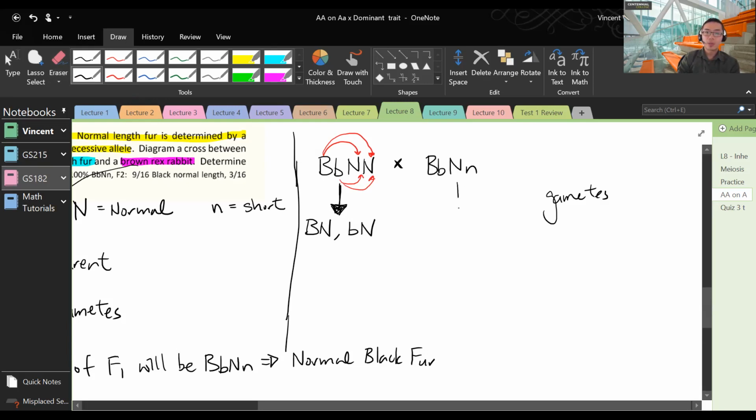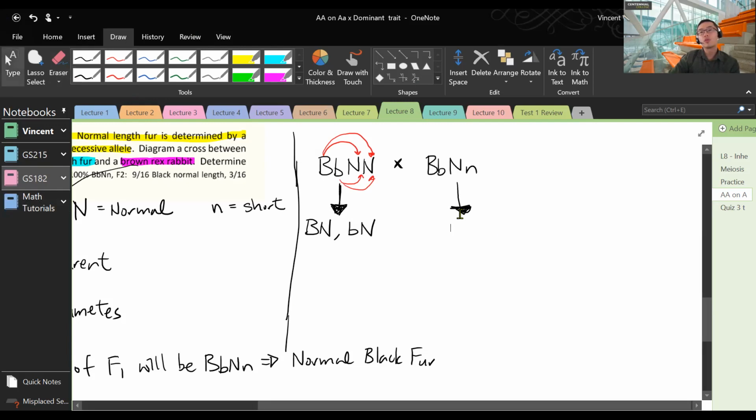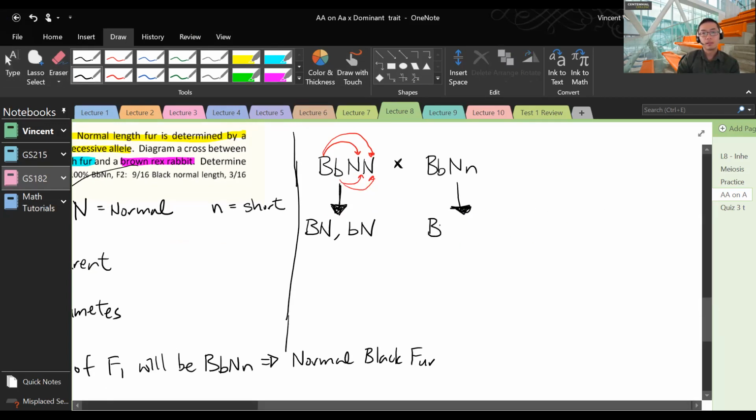Now, what about this one? What are the possible gametes for this one? Was it Saida? I didn't quite catch the name earlier. Would you like to try to give me a gamete for this rabbit? Big B and then big N? That's one of them. Anything else?